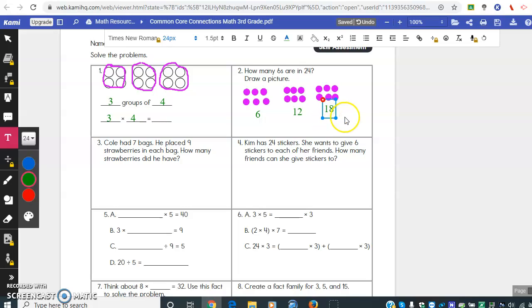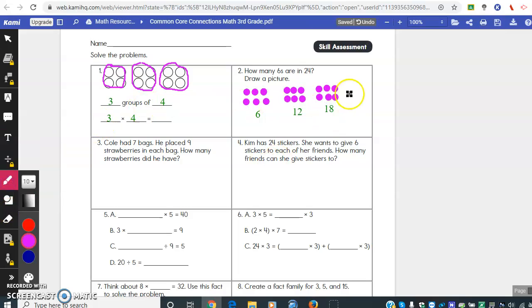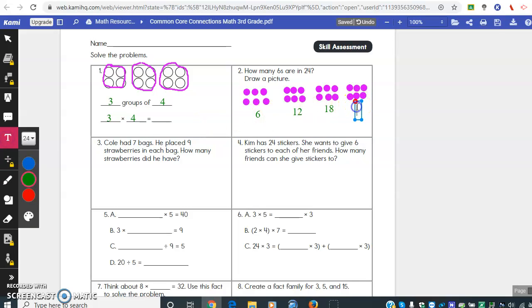So I still need to keep going because I haven't made it to 24 yet. So I'm going to make another group of 6. And I had 18. This is 19, 20, 21, 22, 23, 24. Now I have 24 dots.